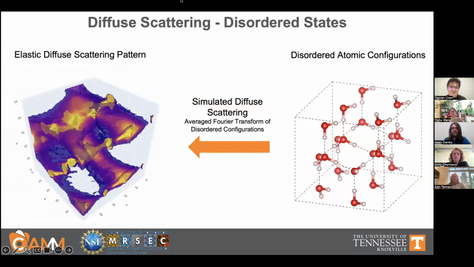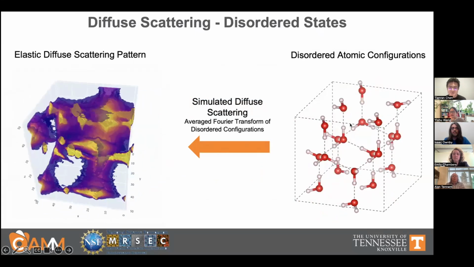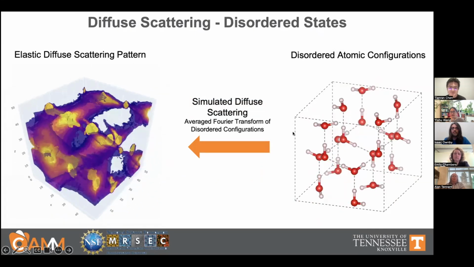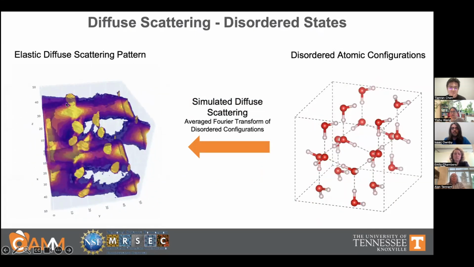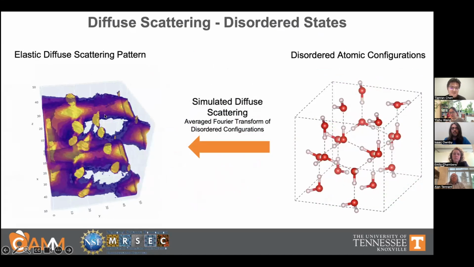And if the system is not a perfect crystal but has some short-range disorder, then we usually observe what is called a diffuse scattering pattern, which is shown in this animation. It's like a continuous cloud. To simulate that pattern, we need to prepare a set of different atomic configurations.